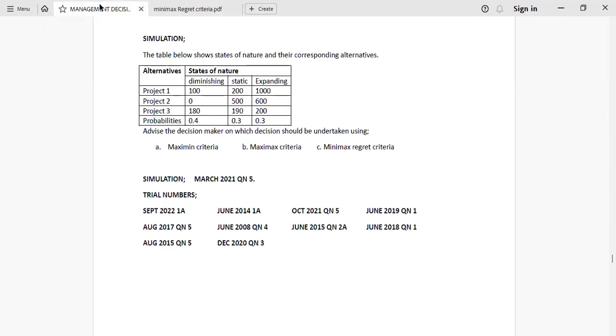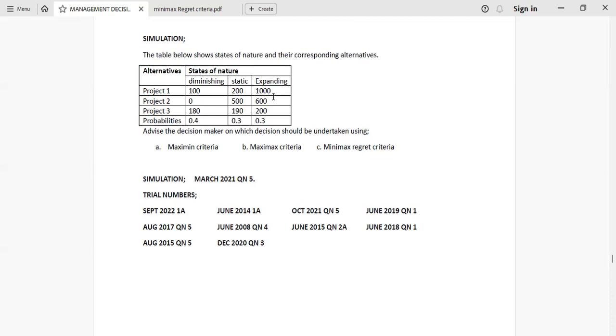We go to the third state of nature. Here we are looking at the highest value, which is 1000. In project 1, the highest we would have earned is 1000, and we earned 1000. It means we are regretting nothing. Here we earned 600, but we would have earned 1000. It means we are regretting the 400 that we didn't earn.